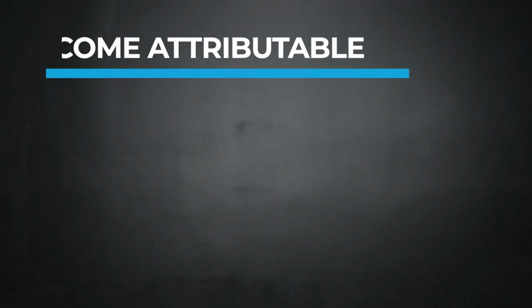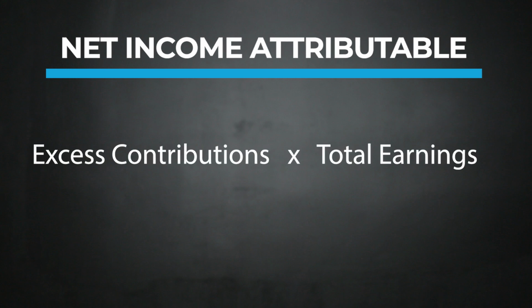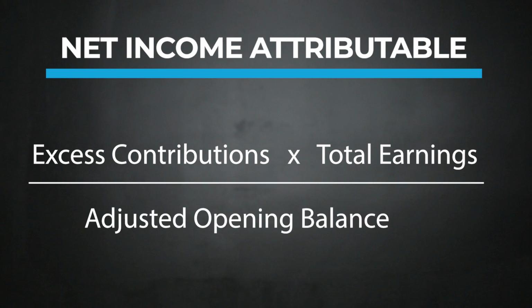So the formula for the net income attributable, because that's the tricky part, is going to be excess contributions multiplied by total earnings divided by adjusted opening balance. So it's the opening balance minus any withdrawals that you might have made. So that is the net income attributable.